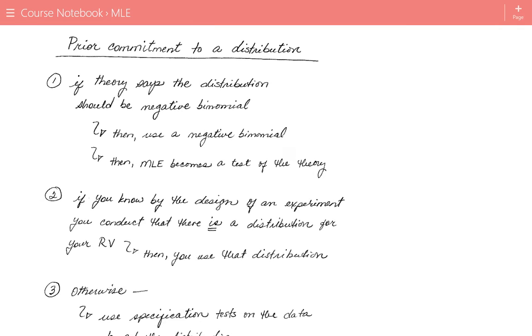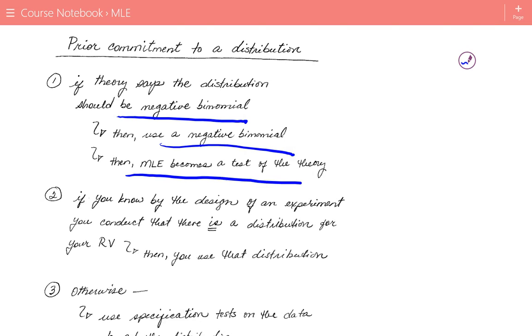Now, how do I come up with these distributions? Well, if theory says the distribution could be a particular one, in this case as my example, let's say negative binomial, then we would use a negative binomial. And our maximum likelihood estimation of the negative binomial could actually be used to test the theory itself.